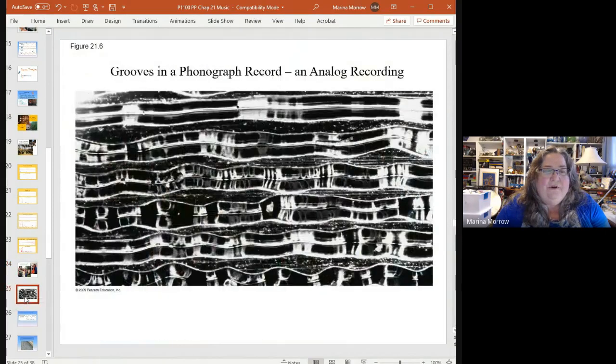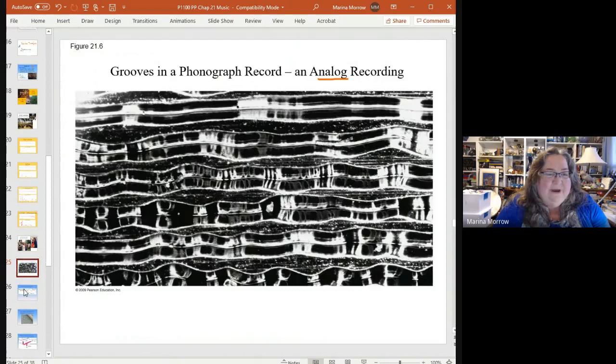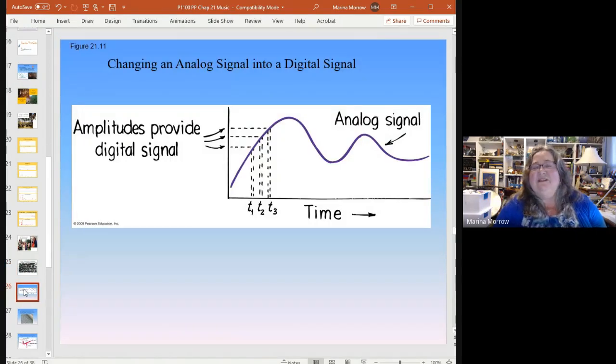Now, a phonograph record will record all the curves of the original analog recording. So that's analog. But of course, most of us now listen to digital recordings. To make digital recordings, they take little samples from the analog, and how often they take them usually gives you a clue about how good the quality is.